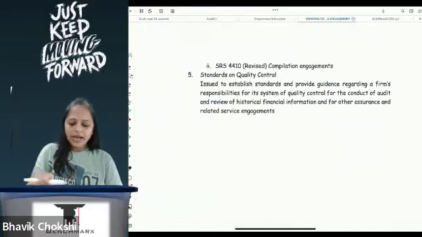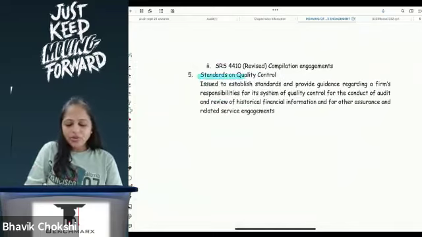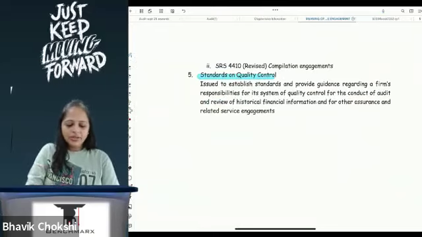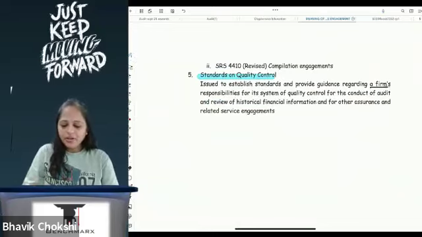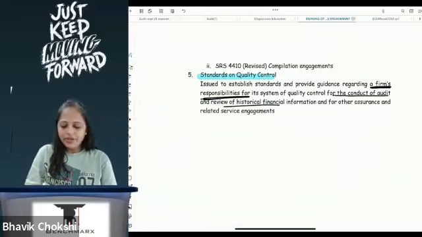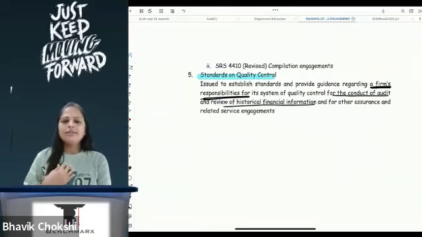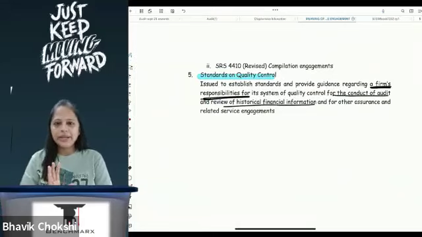There's one more last thing here, which is called your standards on quality control. Okay, so here whatever is the quality that the firm's responsibility for its system to conduct the audit and review of financial information and other assurance. So there is a standard quality that ICAI expects CAs to maintain.